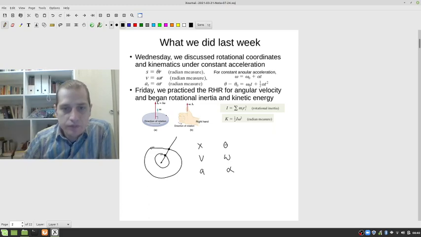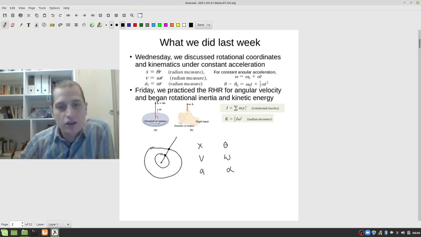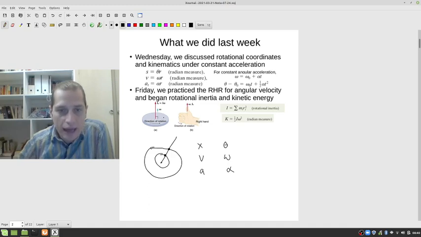And to find the kinetic energy of an object, we realized that a good way to do it is to add up the distance squared from the axis of each little piece of mass and then multiply it by the mass. We called that the moment of inertia, and it allowed us to put the kinetic energy in terms of the angular velocity rather than the linear velocity.